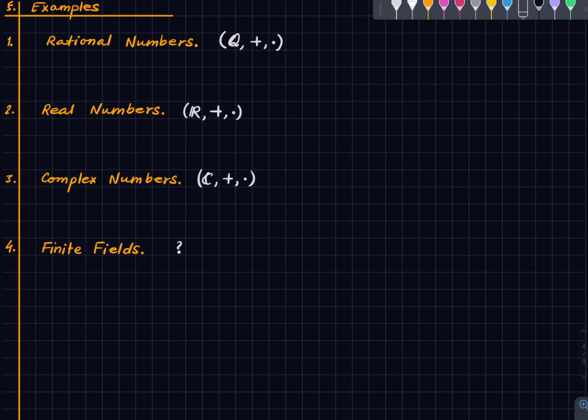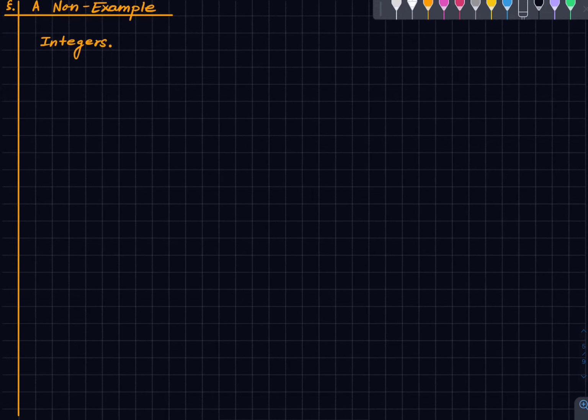All right. Lastly, let us look at a non-example. So consider the set of all the integers. The set of all the integers is defined as this set.